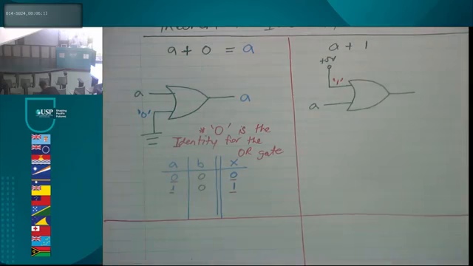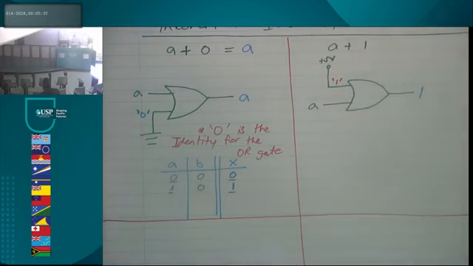What would be the output? Think of your OR gate truth table. 0 or 0 gives you 0. 0 or 1 gives you a 1. 1 or 0 gives you a 1. 1 or 1 gives you a 1. Every time there is a 1 present, think of the truth table. You can refer to it from last week Thursday's notes. Every time there is a 1 present in the truth table, what is the output? 1. Output will always be 1.